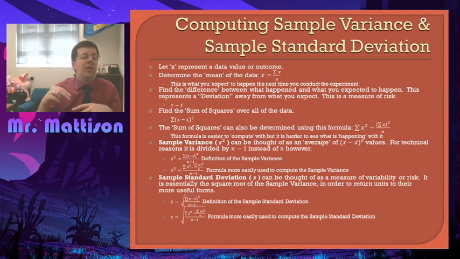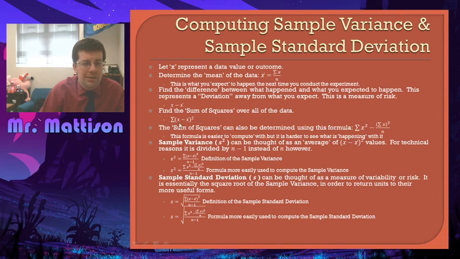I then would square that to 4 inches, and then I would add that to all the other ones that I got from every other individual that I got data from. So that is effectively what we're doing. Now there's a shortcut way of calculating the exact same value, and that is this thing right over here. This looks a lot messier, but this is a lot easier to compute with the data you were given.